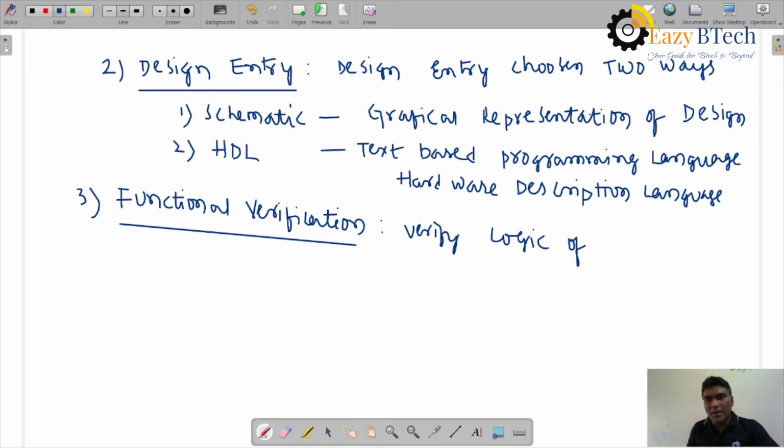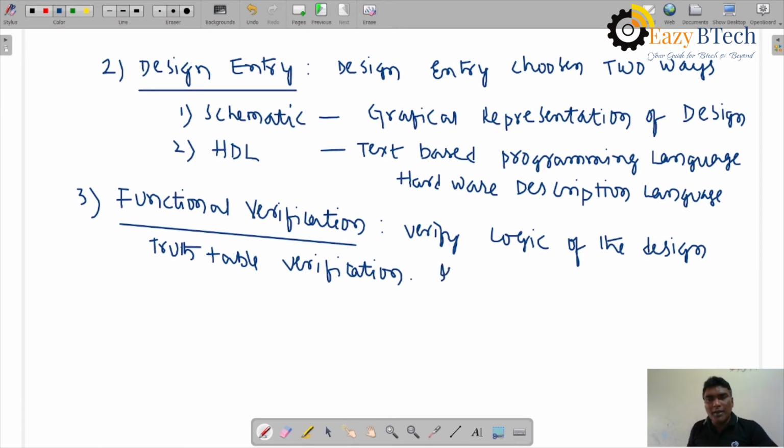It is nothing but a truth table verification. When you give the input logic, is it working according to the design or not? Is it adding or not? Is it counting or not?